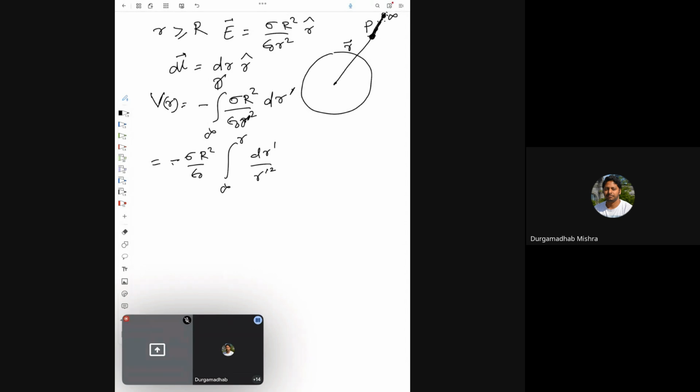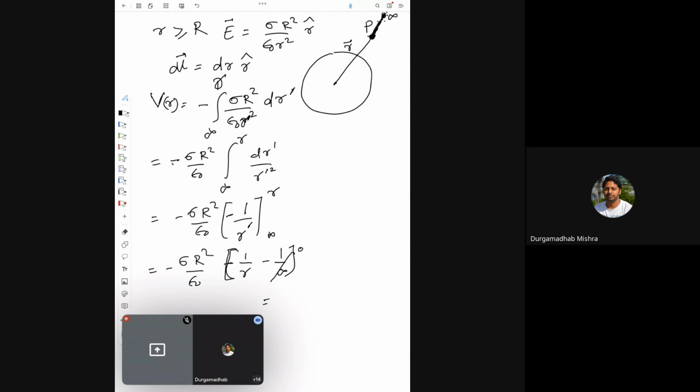The integral of 1 over r prime squared gives minus 1 over r prime, from infinity to r. Now if I calculate, minus 1 by infinity is 0.